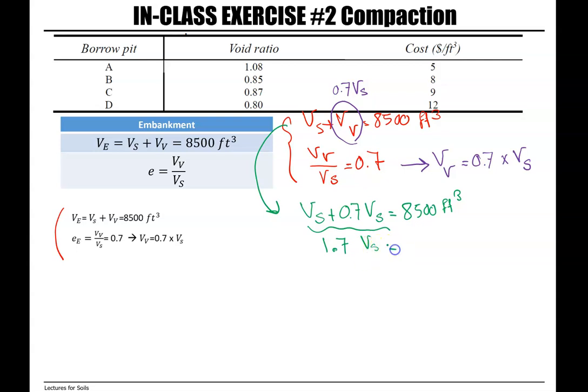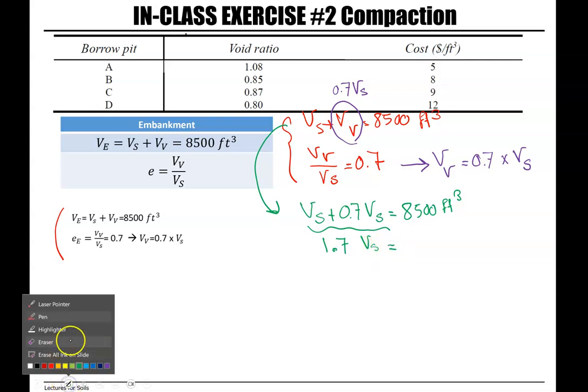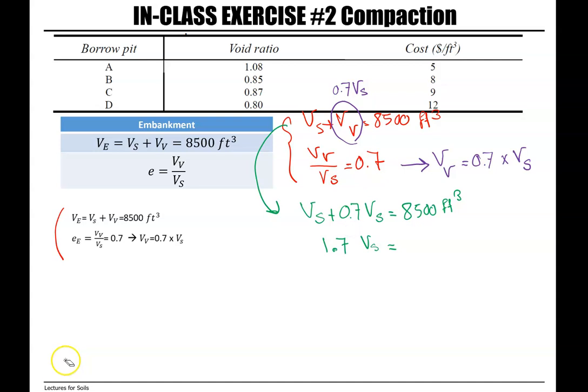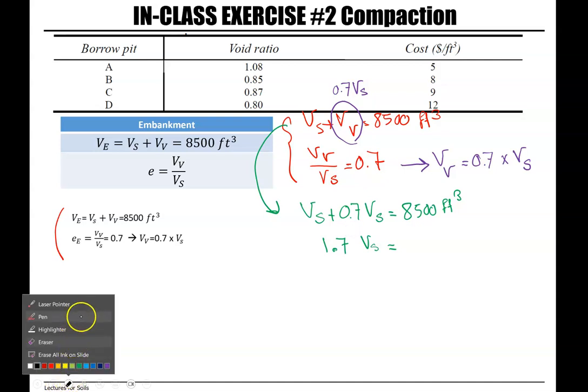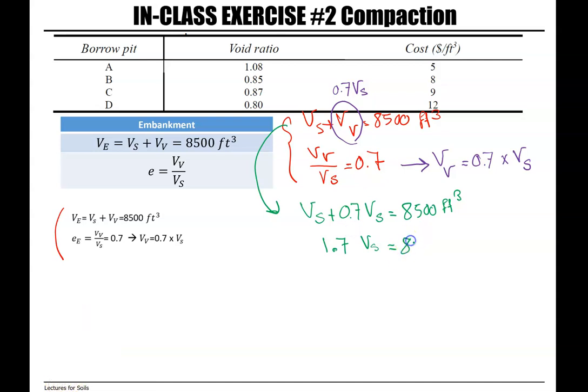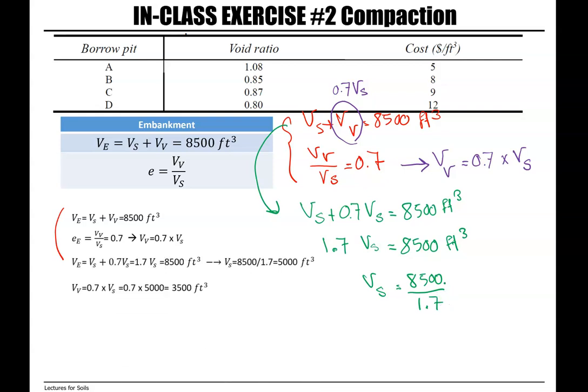So 1.7 volume of solids is equal to 8,500 cubic feet, which means that volume of solids is equal to 8,500 divided by 1.7. And that's equal to 5,000 cubic feet.